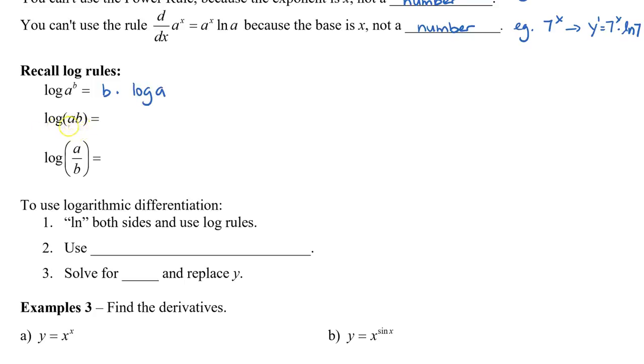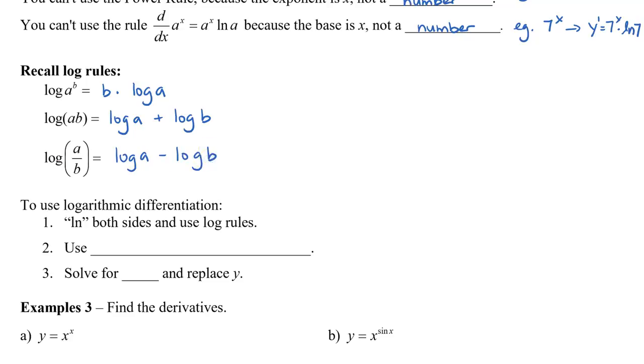When we have two numbers that are multiplied and being logged, we can rewrite this as log a plus log b. And finally, the division rule: if a divided by b is being logged, we can rewrite this as log a minus log b.